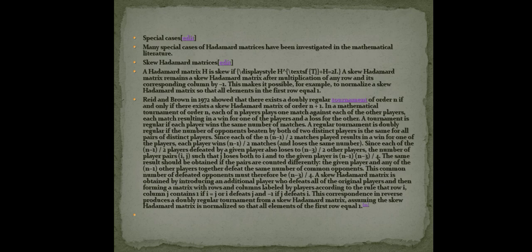In a round-robin tournament of order n, each of n players plays one match against each of the other players, each match resulting in a win for one of the players and a loss for the other. A tournament is regular if each player wins the same number of matches.